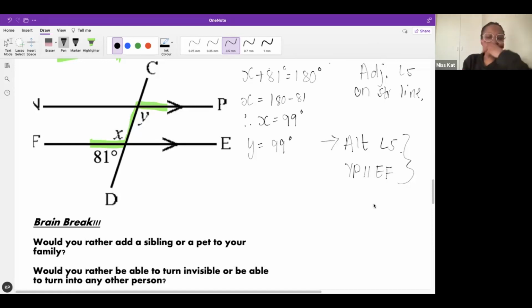I'm worried. I'm going to become an invisible FBI agent. Nice. Wow. Bridget says eavesdropping. Someone said invisible to steal food. Ooh, that's interesting. Taylor's the only one who said turn into another person.